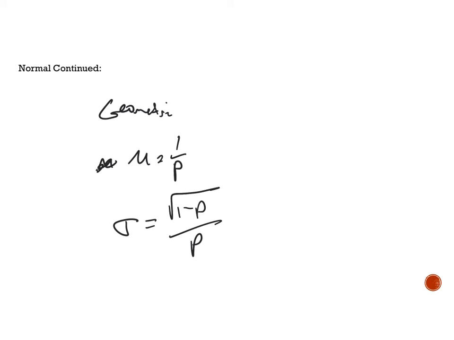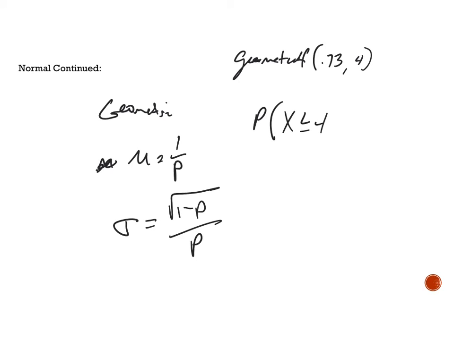Okay, so we might use a geometric CDF, and maybe it's how many tries until we pick somebody who likes the idea of an open hour. So this would be 4 or fewer tries. So we could do the same thing here, and we could figure out what's the probability that this is 4 or less, and use this mu and this sigma here to actually solve for z there.